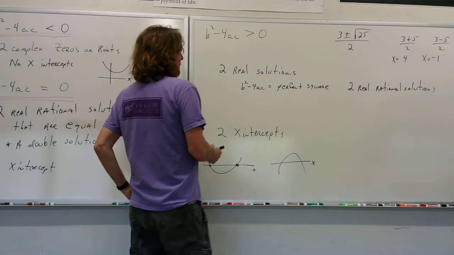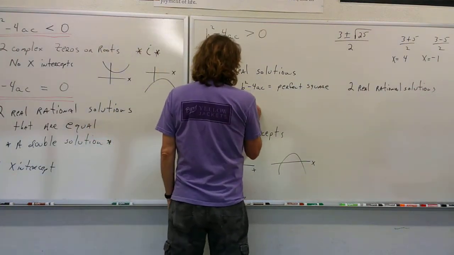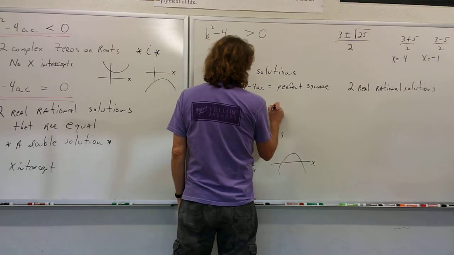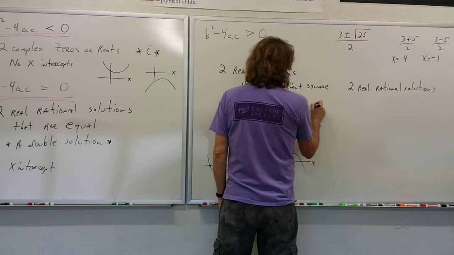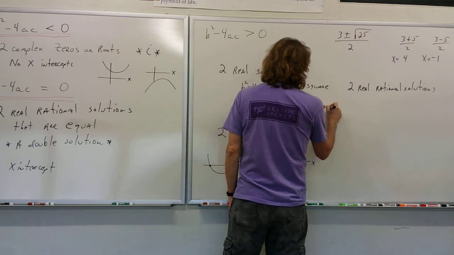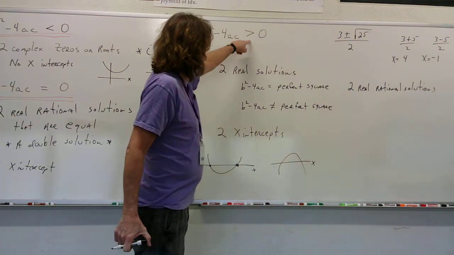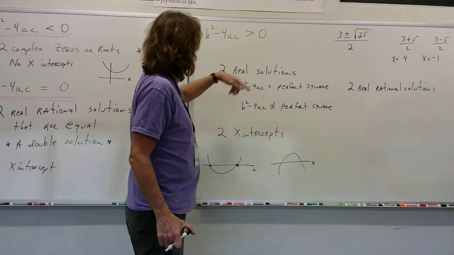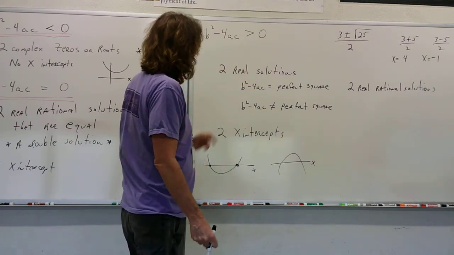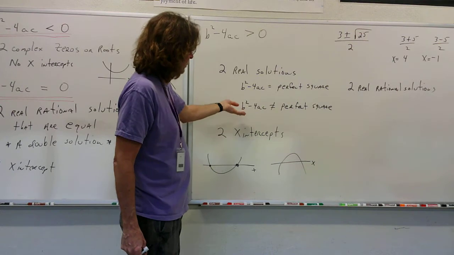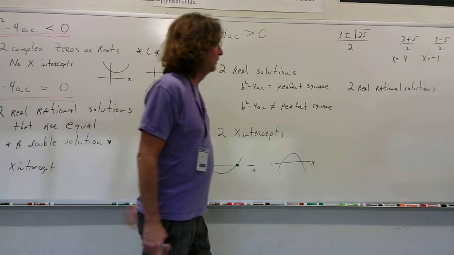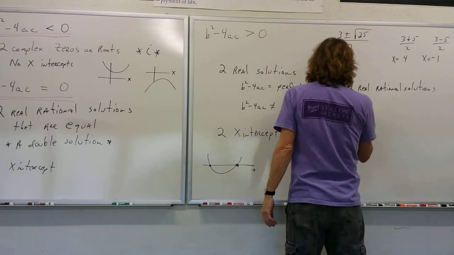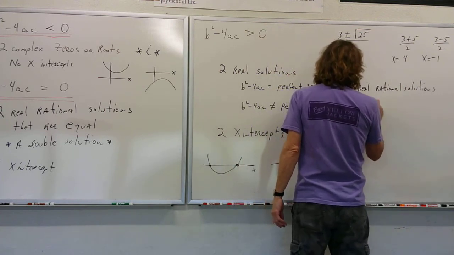Okay? Now, if b squared minus 4ac does not equal a perfect square, now remember, we're already talking about just after it's what? Greater than 0. You get 2 real solutions. Now, if it's a perfect square and it's greater than 0, great. If it's not a perfect square, but it's greater than 0, here we go. You get 2 irrational.